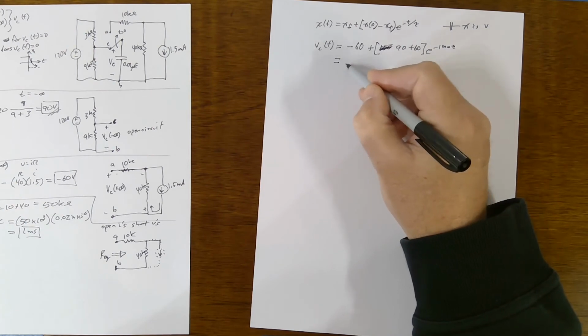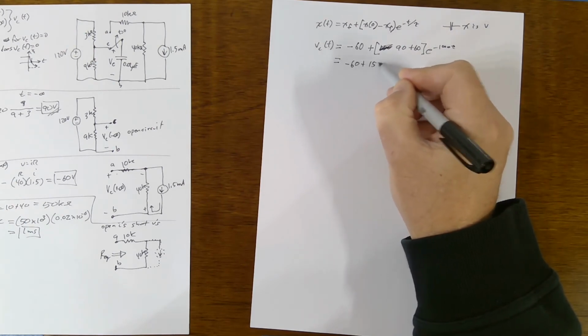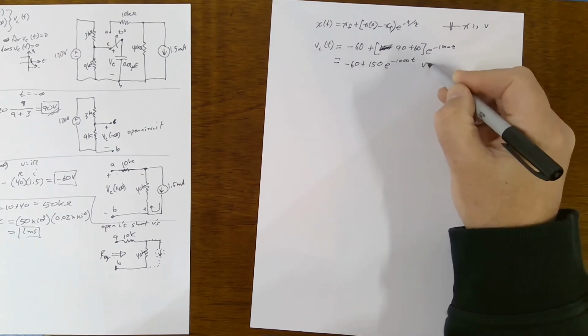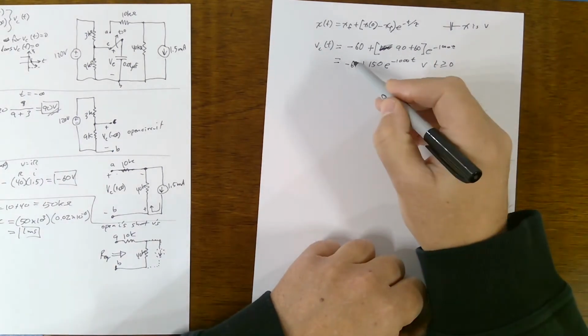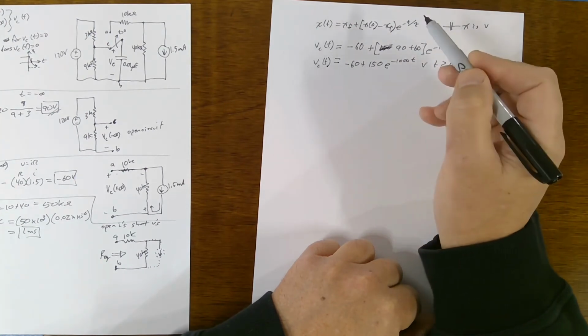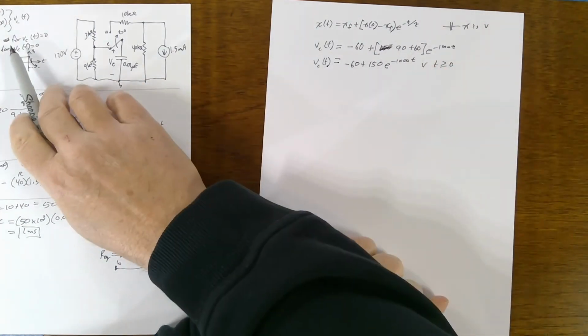Cleaning that up, it's minus 60 plus 150 e to the minus 1000 t. So this is VC of t, which they're not really asking for, but we need it.